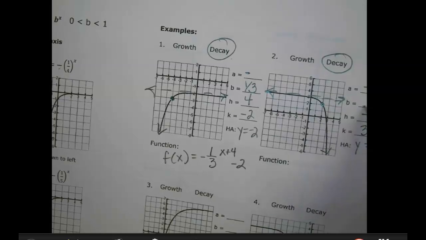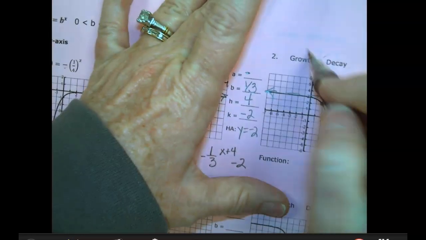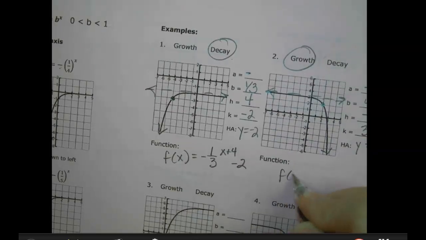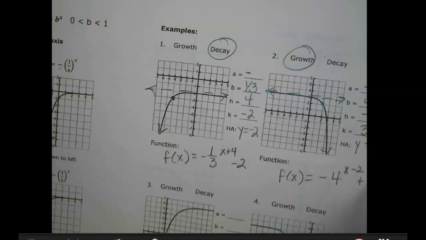And then we have to find the base, and it's a growth. Sorry, I circled the wrong thing here. It's a growth, so it's not a fraction like the decay. So I'm going to count 1, 2, 3, 4. So I get 4. And that's going to make my function -4^(x-2) + 3.